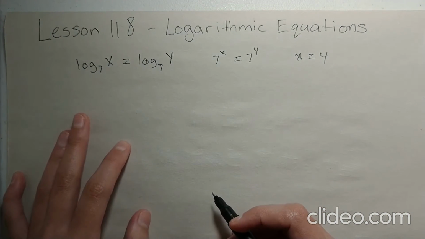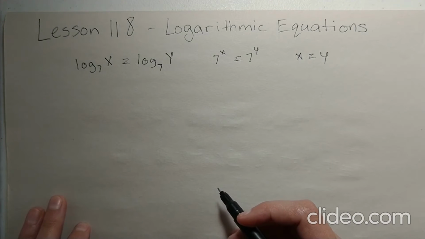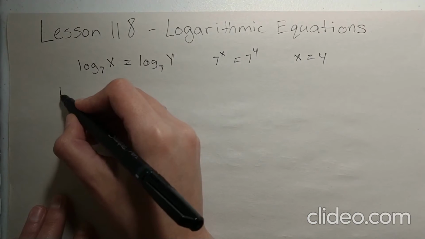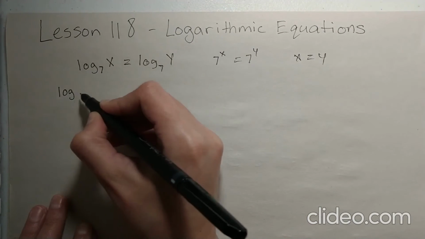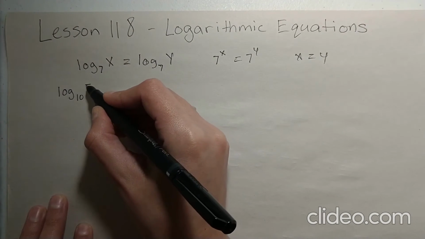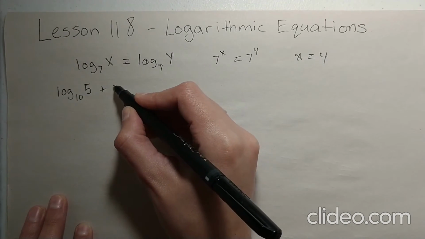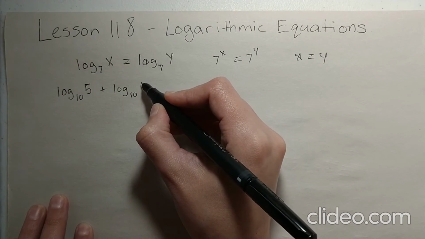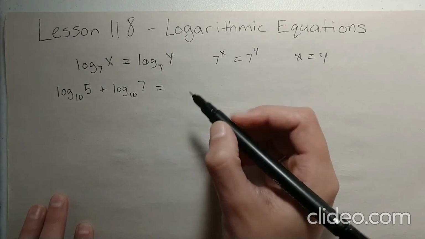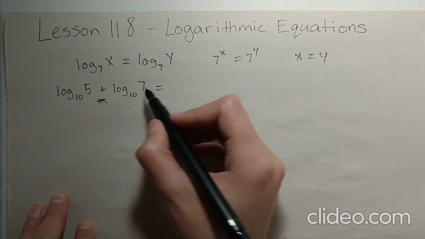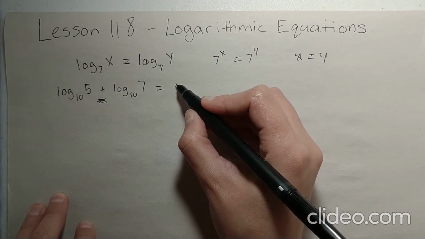All right? So we're also going to write things like this. Log base 10 of 5 plus log base 10 of 7. So when we add logs, we're going to multiply the arguments.